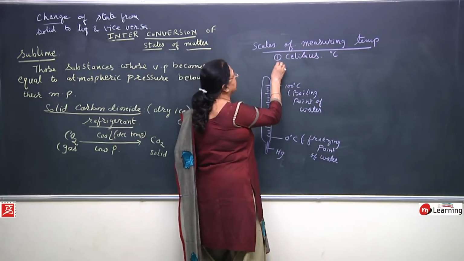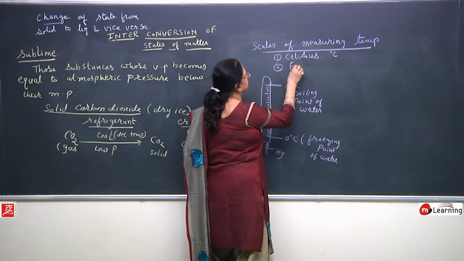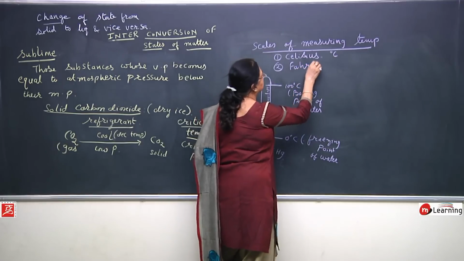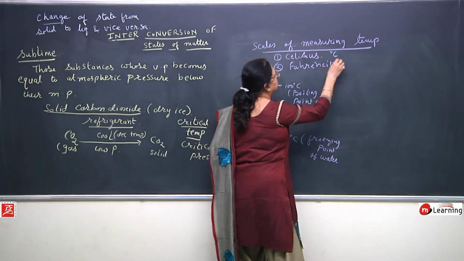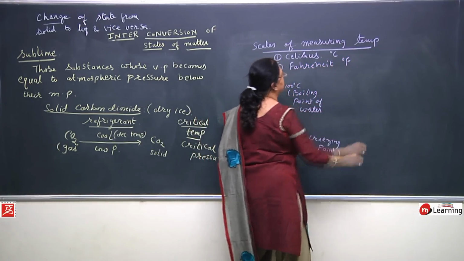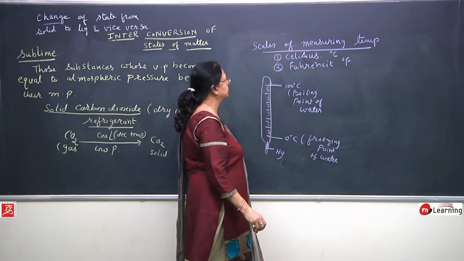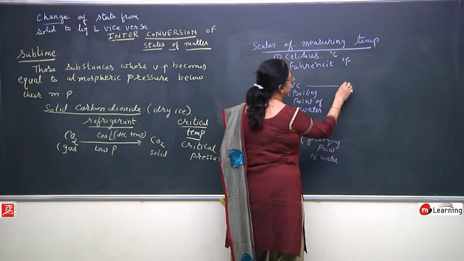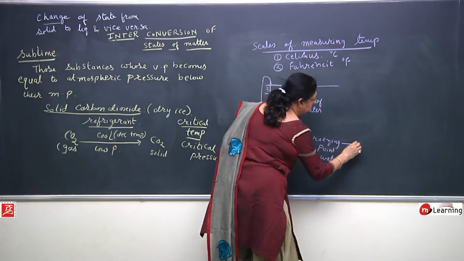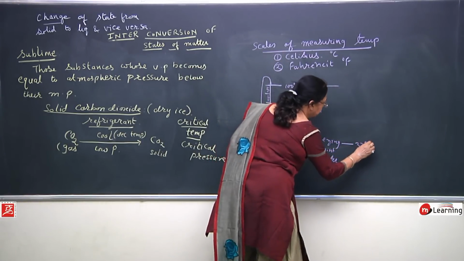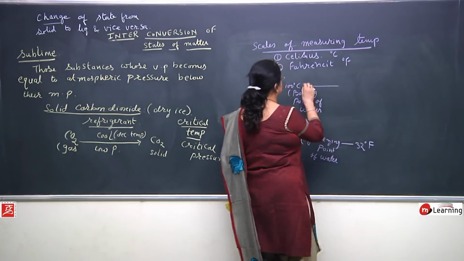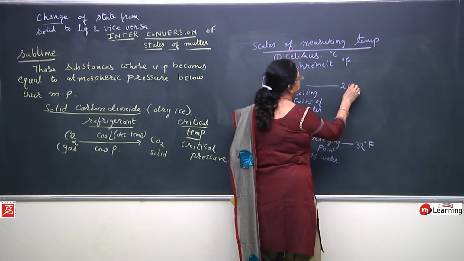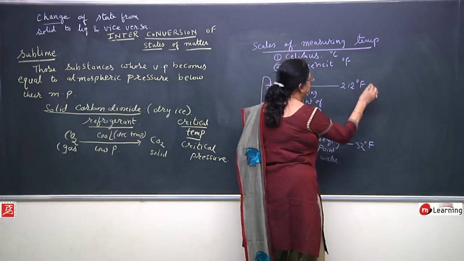And second scale is Fahrenheit, and we denote it by degree F. Here this is equal to 32 degree Fahrenheit and this coincides with 212 degree Fahrenheit.